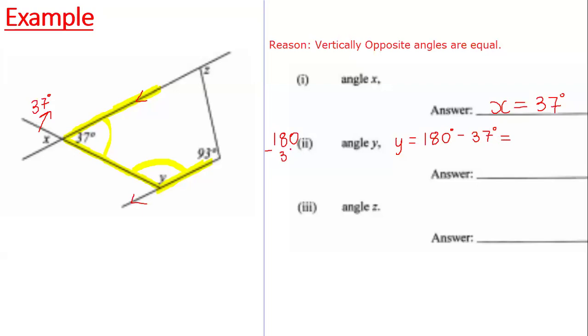So 0 minus 7, we can't do that. This becomes 7, and this is 10. 10 minus 7 is 3. 7 minus 3 is 4. 1 minus 0 is 1. And so this is 143, and so we have that y is equal to 143 degrees.